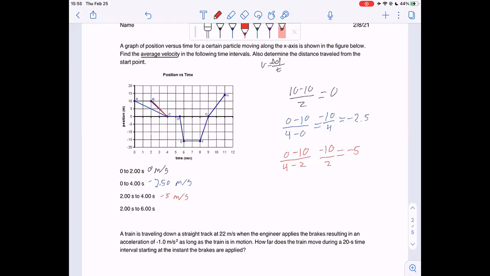And then from 2 seconds to 6 seconds. So our final location, I'm going to call it negative 17. Minus our initial was 10. Final time was 6. Initial time was 2. So we wind up with negative 27 over 4.